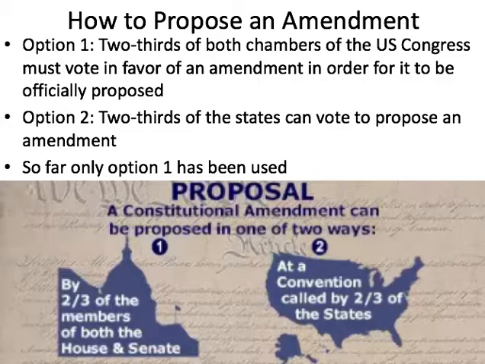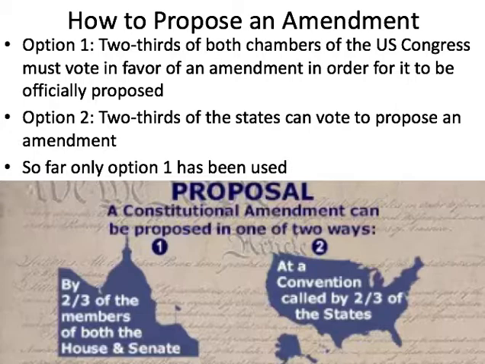These usually have to be things that are widely held beliefs, for example, limiting presidential terms, something that was very commonly held by many different people. It is difficult to get an amendment through the Constitution. That's why there's only been 27 in 230 plus years of history.